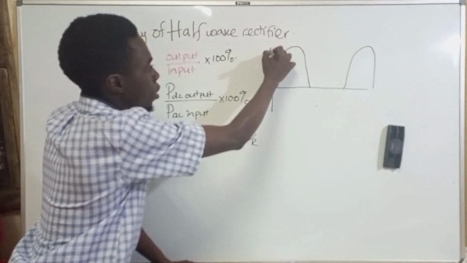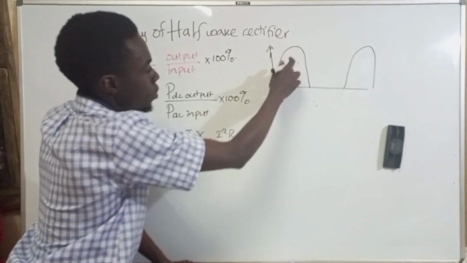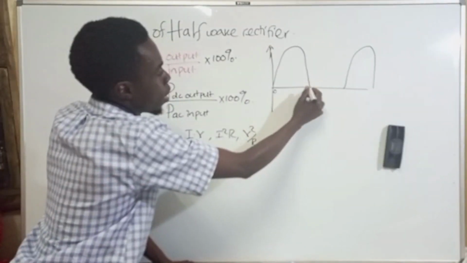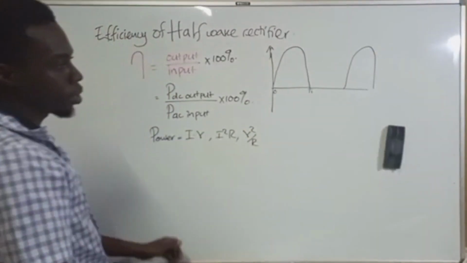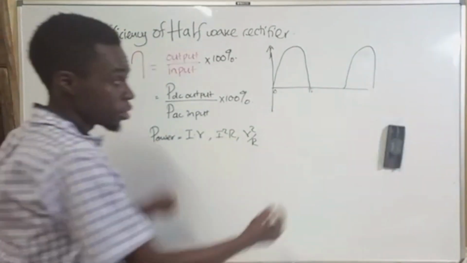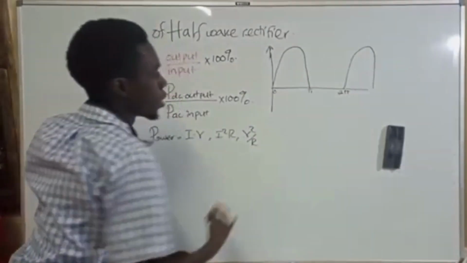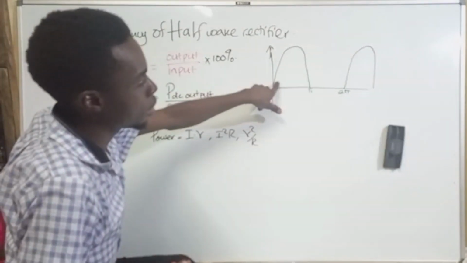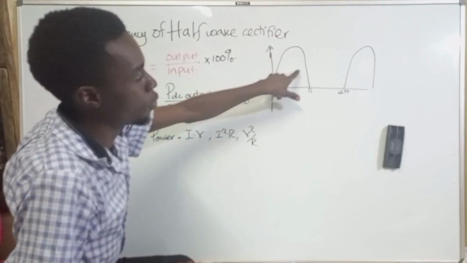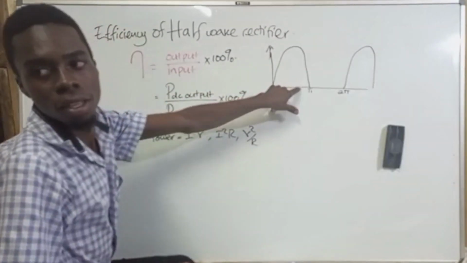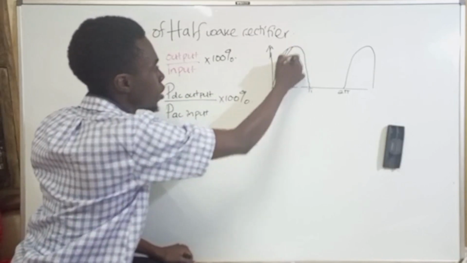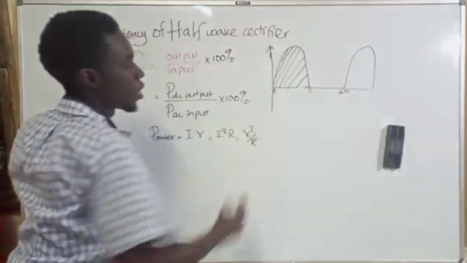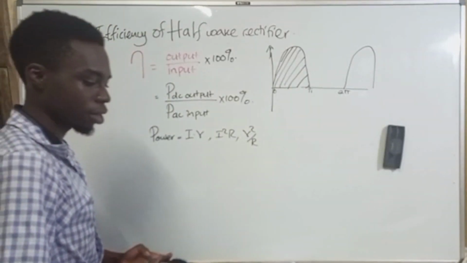Initially, if this is from 0, this is 180, which is pi, this is 2 pi and all that. But our output DC power is only contained in this half of the cycle, and not on the other half of the cycle.